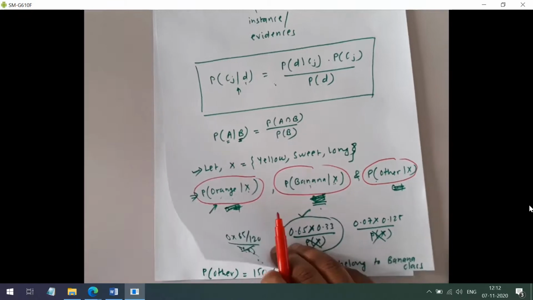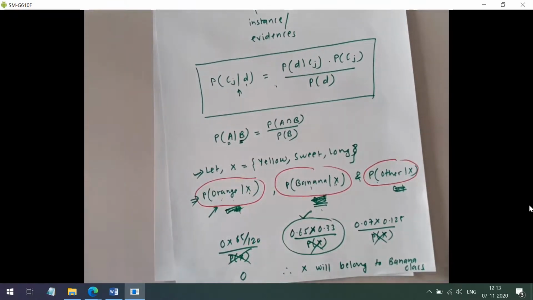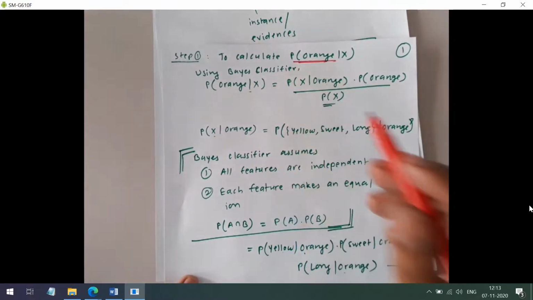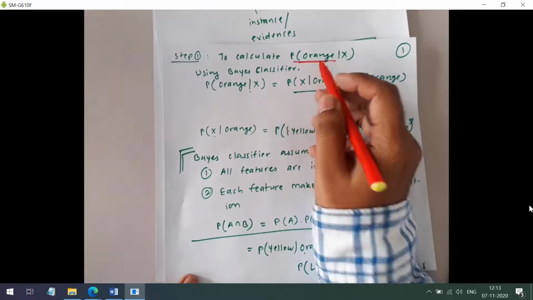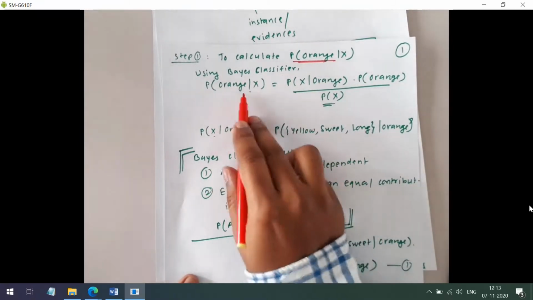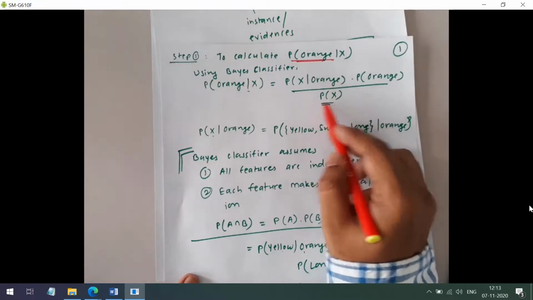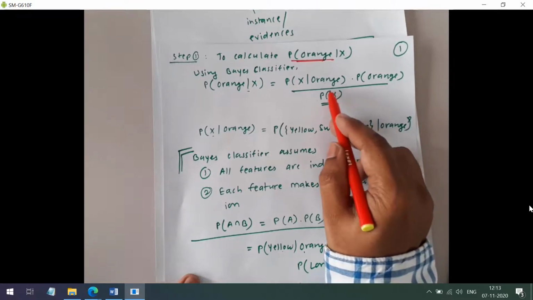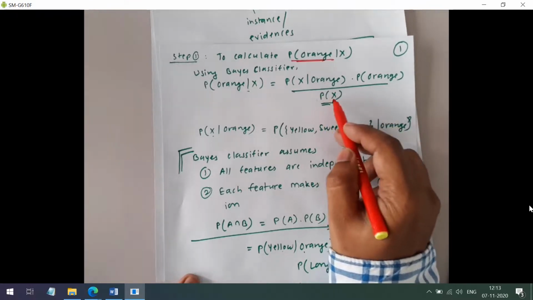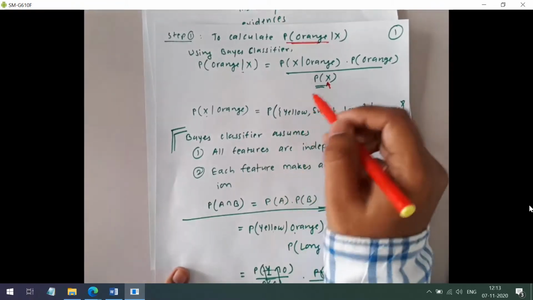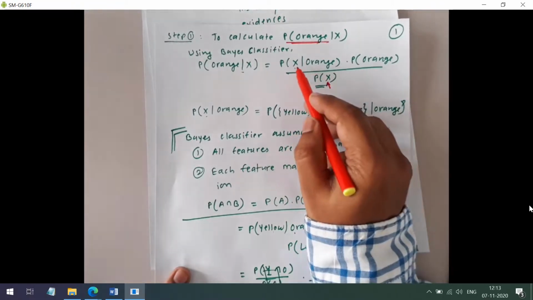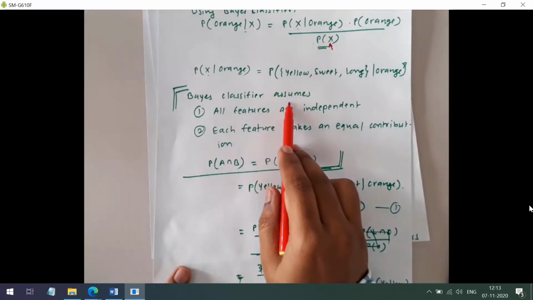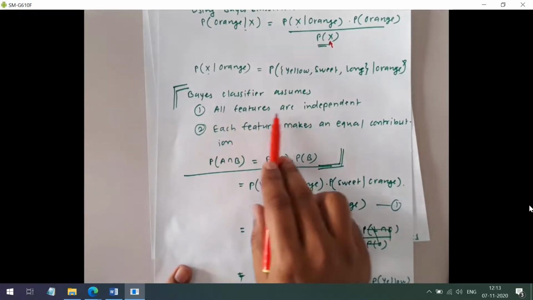For that, what have we done? We are finding the probability of the first class, that is the orange class, using the Bayesian classifier; this will become this. Now this denominator we cannot calculate because this event has not occurred, and as it is present in all the categories, we are ignoring it. Now this x is made up of different features, and to calculate this we make use of the assumption that all features are independent.